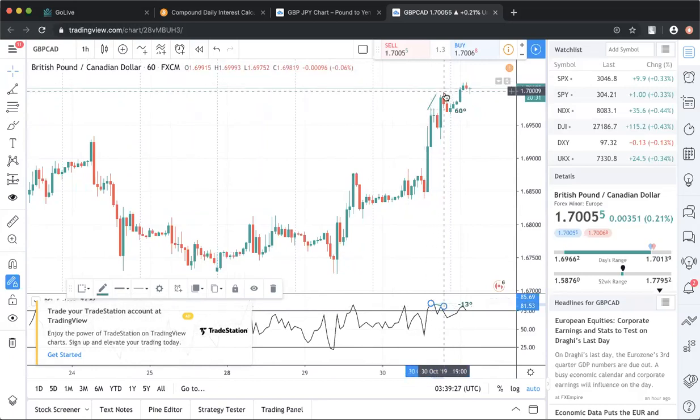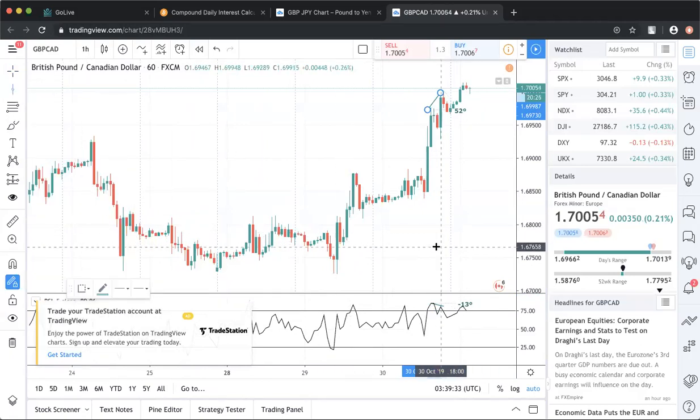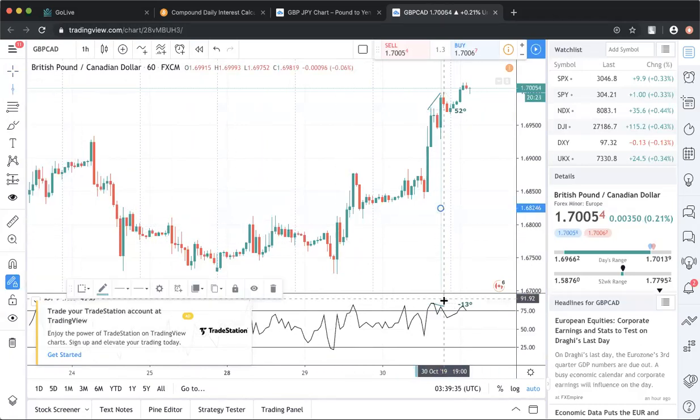Notice how if we line this up, right? If we put a vertical line from this point and this point, notice how price goes up, but the indicator goes down.